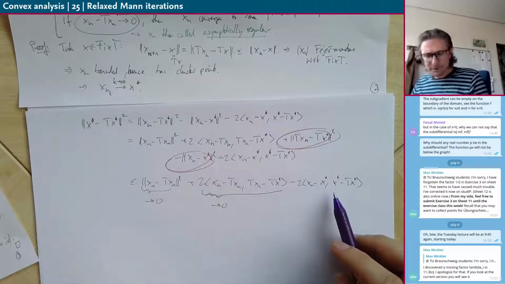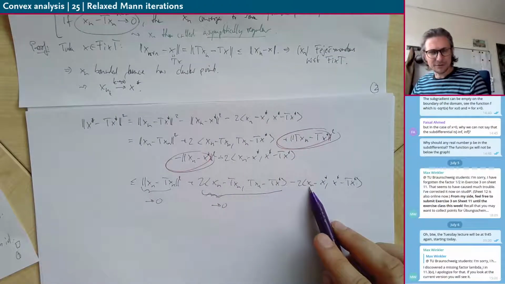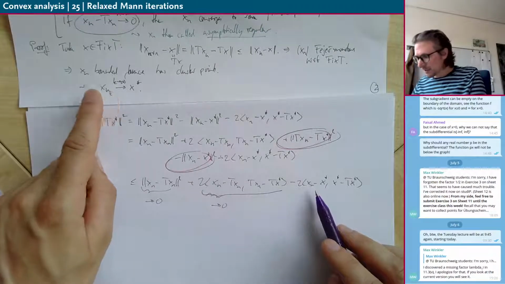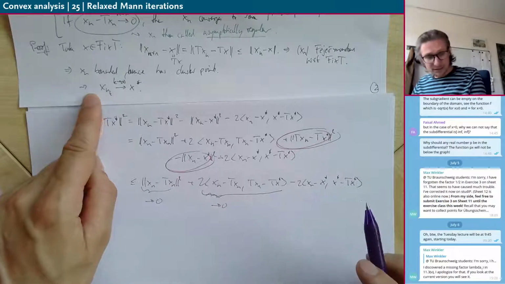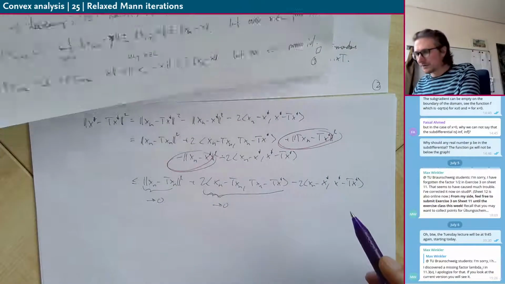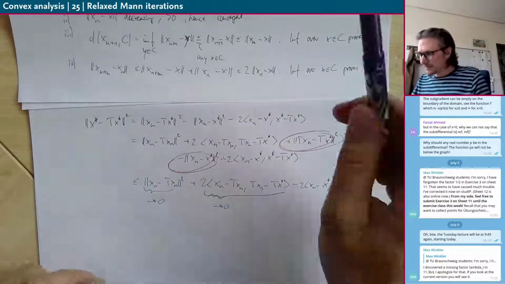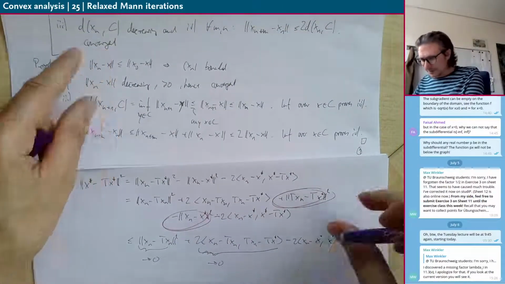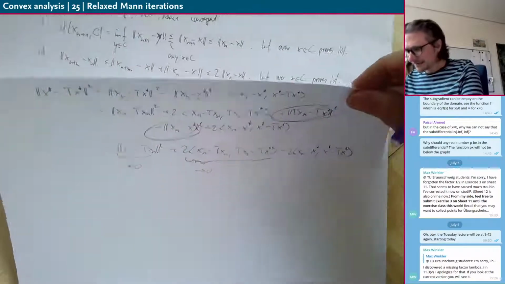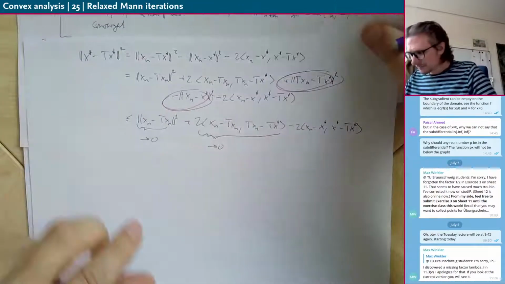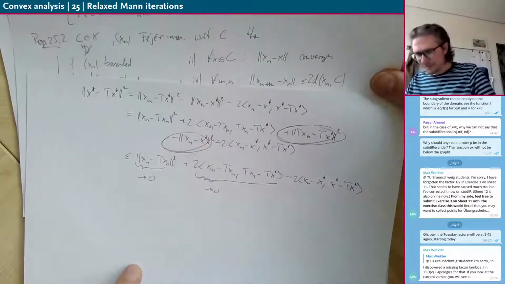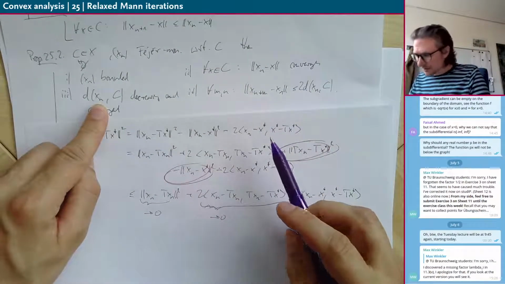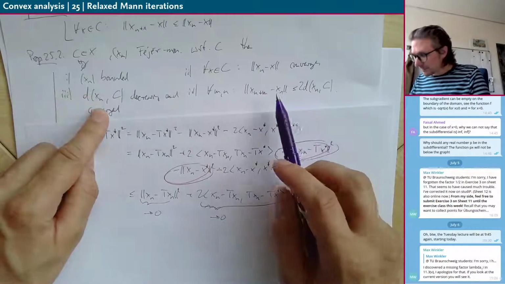And here it's not so obvious because this is the longest subsequence. Here we only know that x_nk converges to x*, but not that xn converges to x*. But we also have by Fejér monotonicity that these, so this guy, is bounded by that.